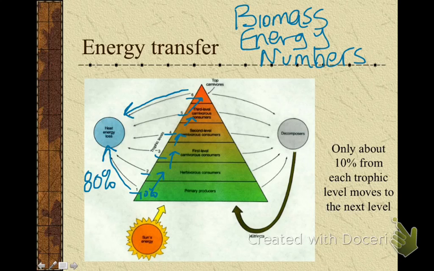And numbers is literally the number of organisms that occupy each level. So what you'll need to do, I will give you a number, say 1,000 grams. So this is a pyramid of biomass. I give you 1,000 grams. You should be able to figure out every other level based on this rule of 10%.